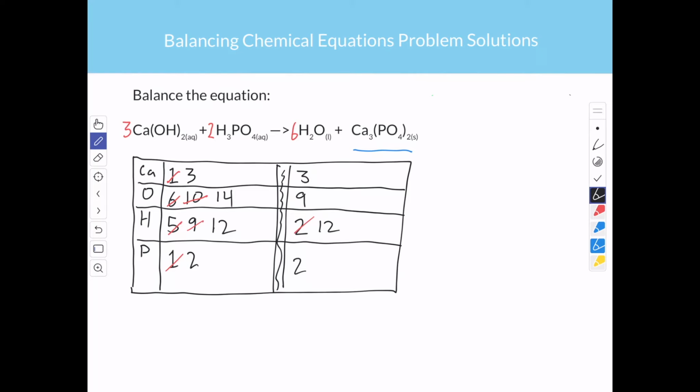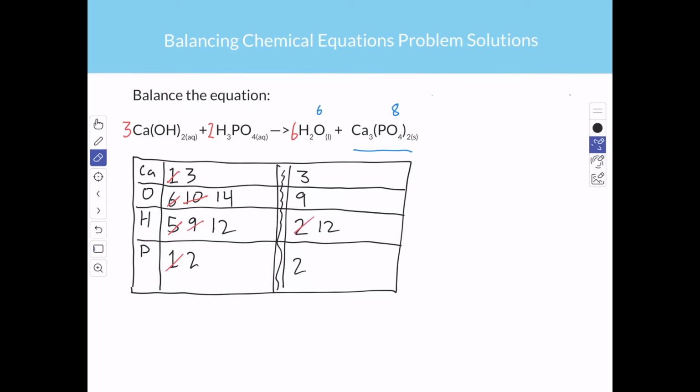So if we have, let's use a different color here. So we've got 4 times 2, you've got 8 oxygens present here. We've got 6 oxygens present here. That's right, we just changed this.